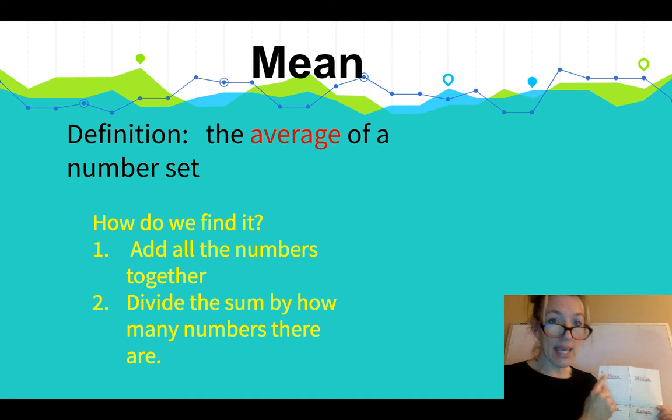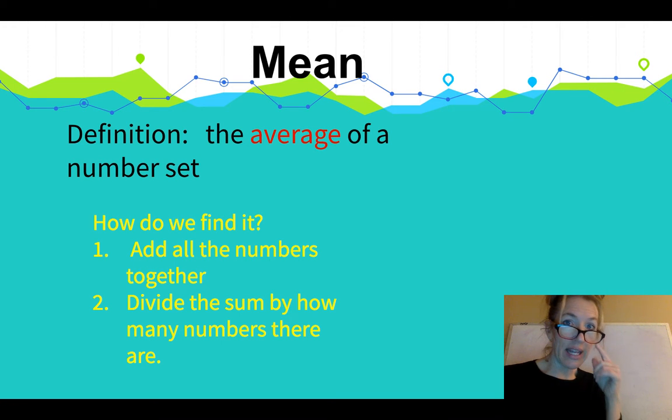A mean is simply an average of your data set. So you're going to have a set of numbers, and the way that we calculate the mean or the average of numbers in a data set is we're going to add all the numbers up, and then we're going to divide by the number of pieces of data that we have.